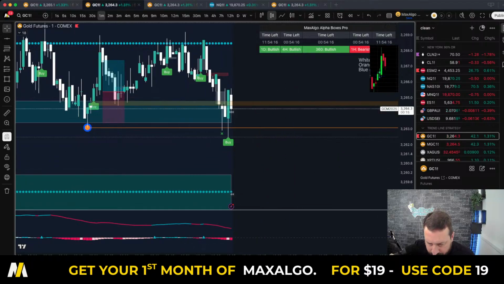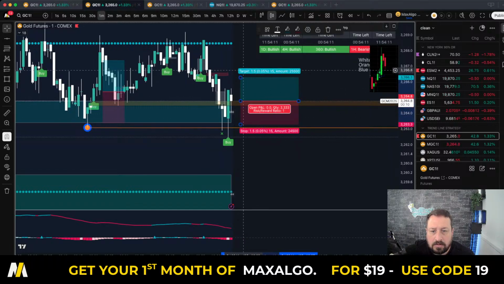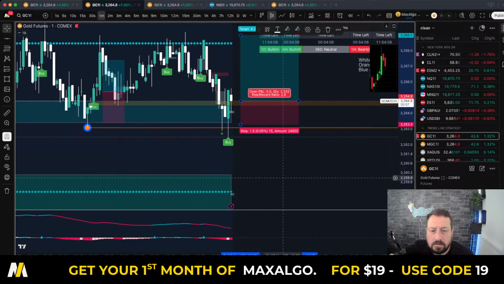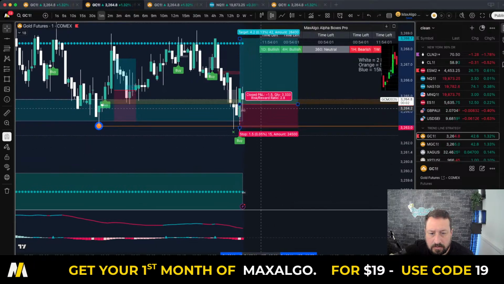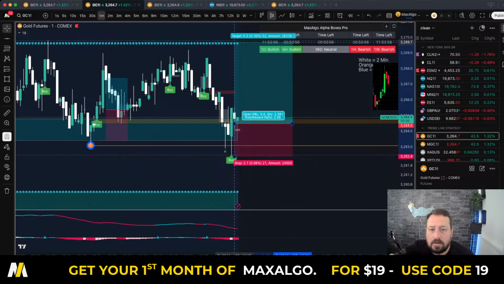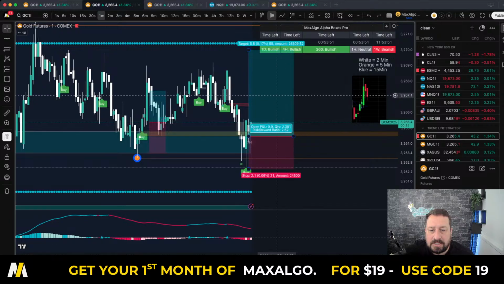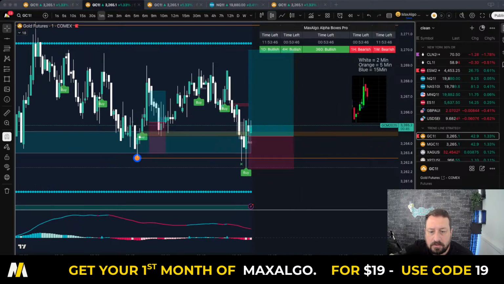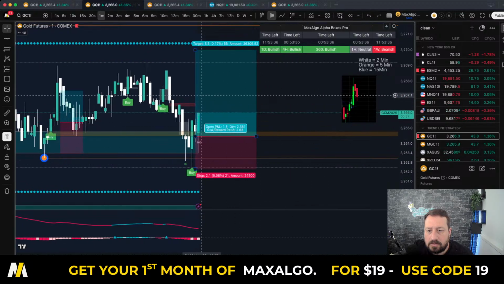Right, so we're giving it a go. I think, where did I get in? Bit lower. So I'm looking at this area here for a partial potential. Is it that area? Yeah. So partial here.